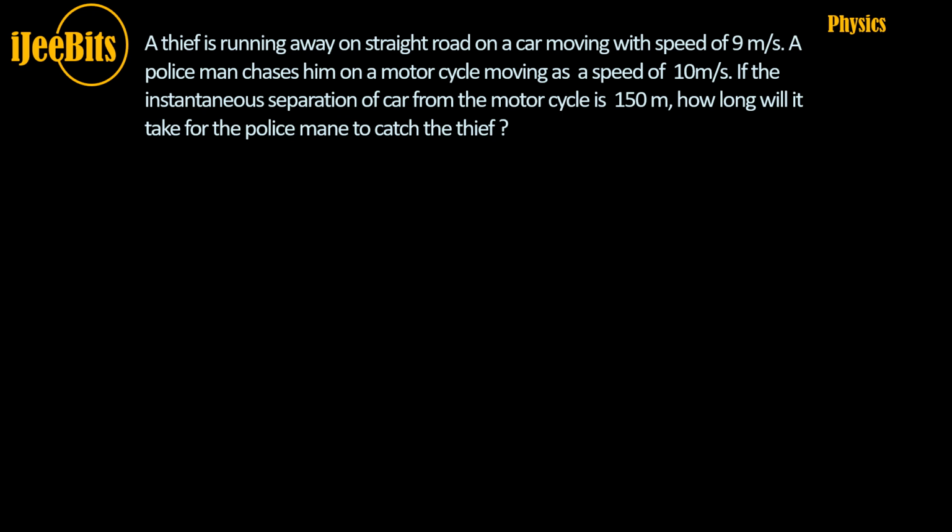If the instantaneous separation of the car from the motorcycle is 150 meters, how long will it take for the policeman to catch the thief? Who is going to solve this problem? Let's try out.